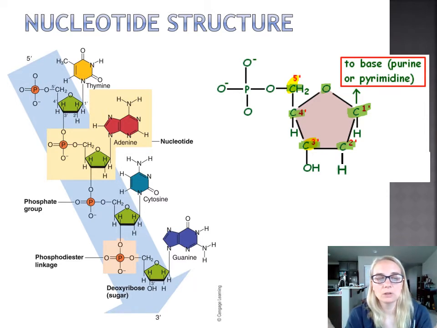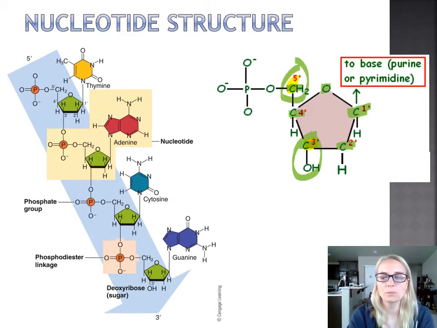When we are taking a look at how these nucleotides connect to each other, it is the 3' carbon and the 5' carbon that are involved in the bonding between adjacent nucleotides. So if we come down here to look at the bottom, we'll do red.